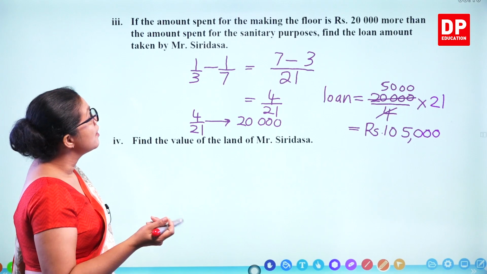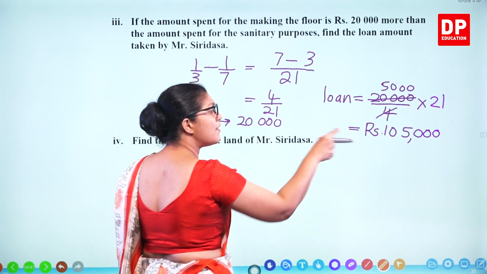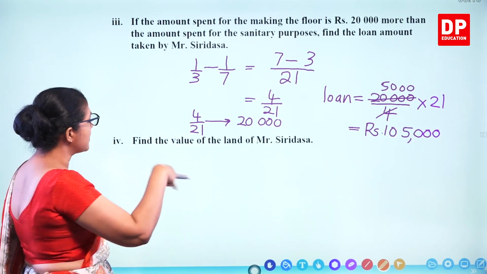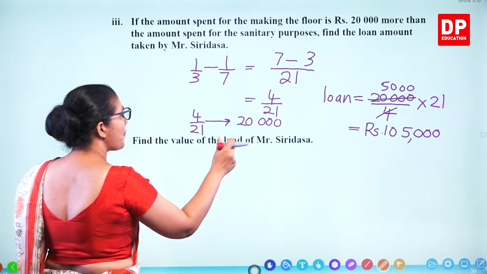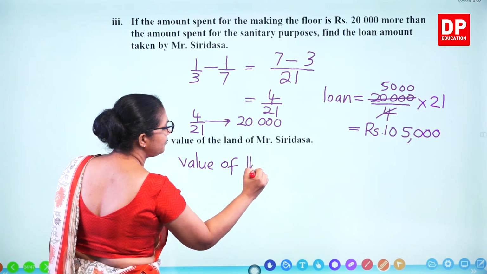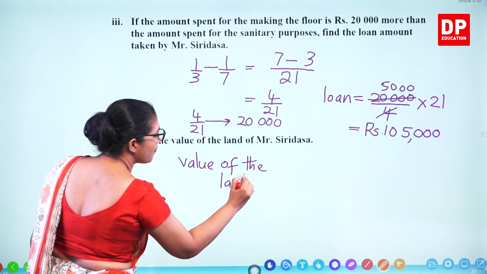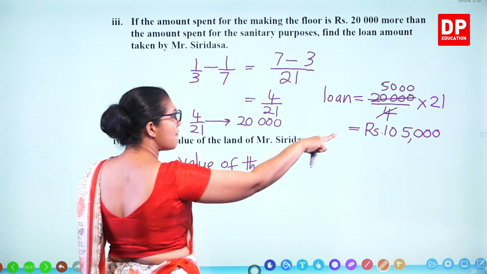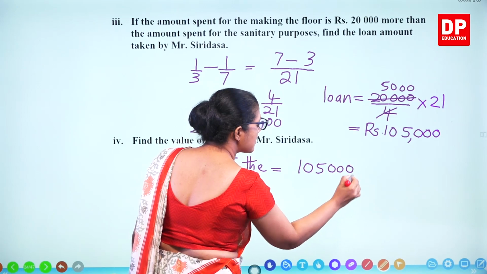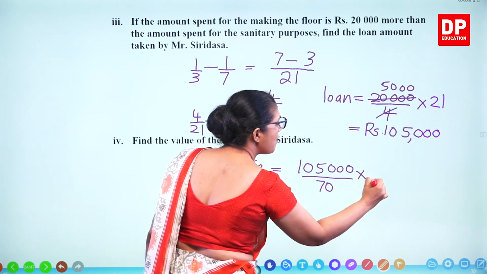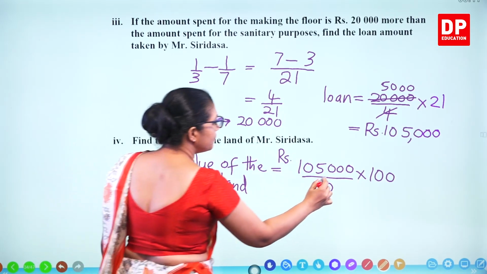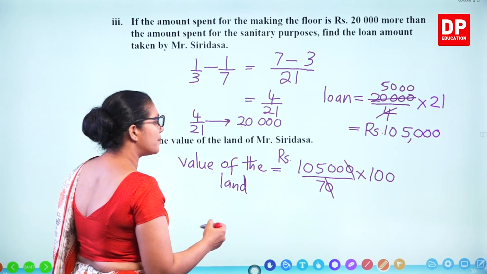Find the value of the land of Mr. Siridas. The loan is 70% of the land value. So what's the value of the land? So this is 70%. So you divide by 70 and multiply by 100 to get the full amount. 0 get cancelled out.